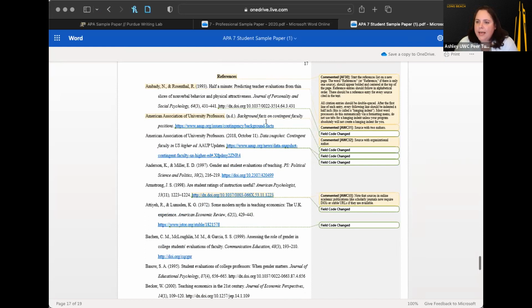Background facts, and then the link to the research. Here is one with a periodical, it looks like. So it's the year, the date that it was published, and the article.